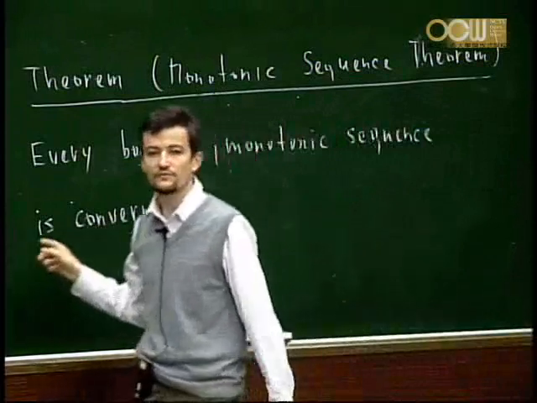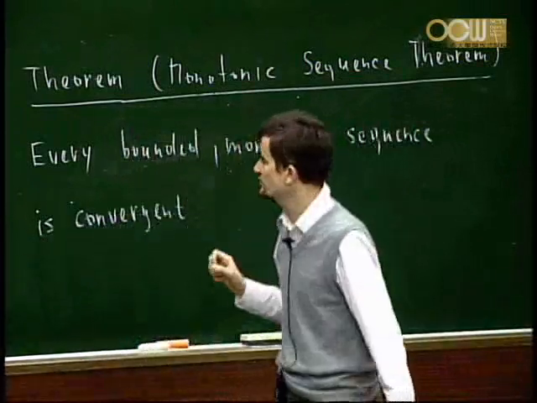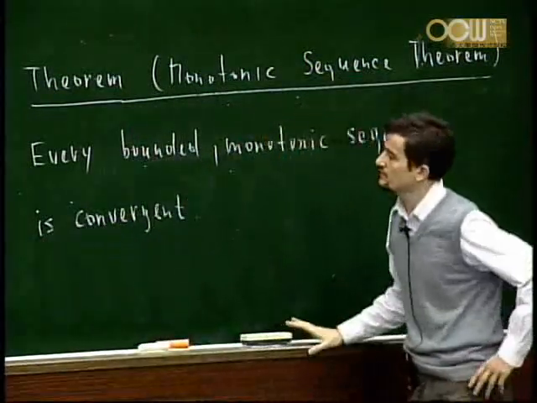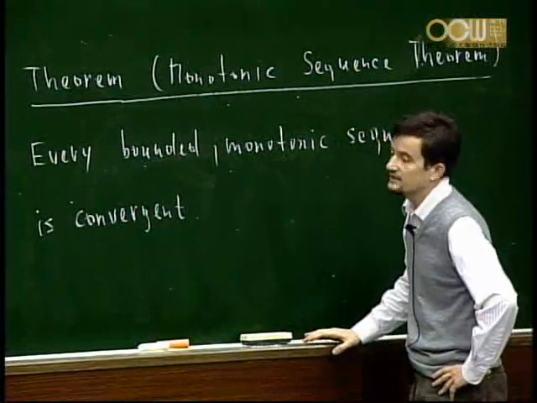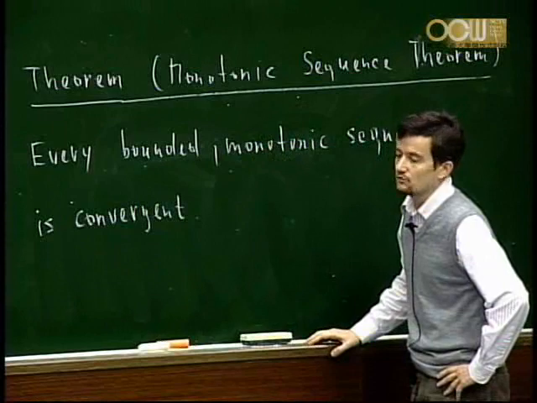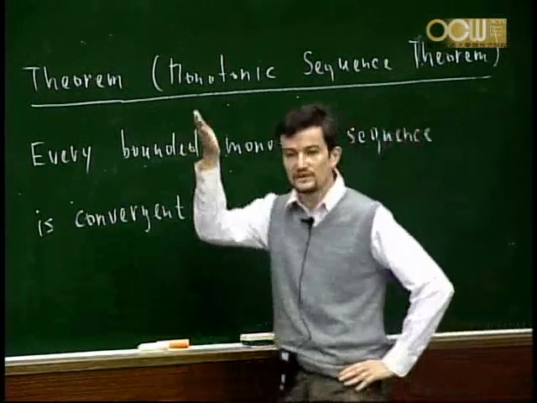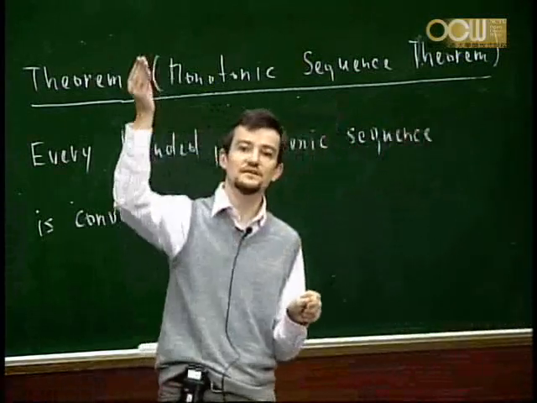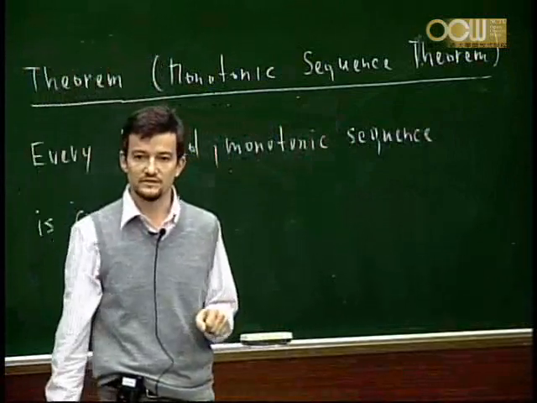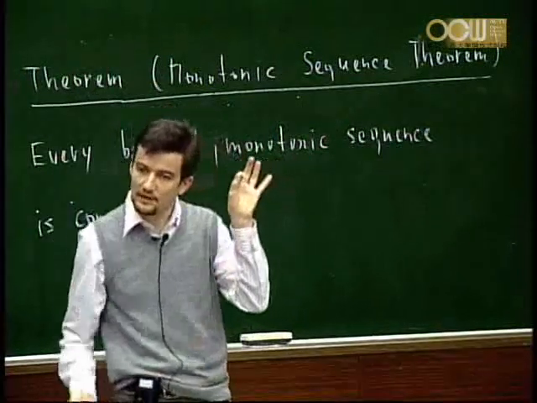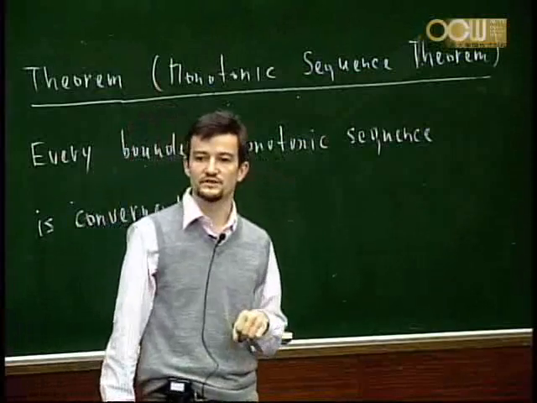This is maybe something you have learned in high school, something which should be pretty obvious. In particular, maybe in this form, it's stronger than it's really necessary. So, for instance, if a sequence is increasing and it's bounded from above, then it will be convergent. And the same if it is decreasing and bounded from below, it will be convergent.